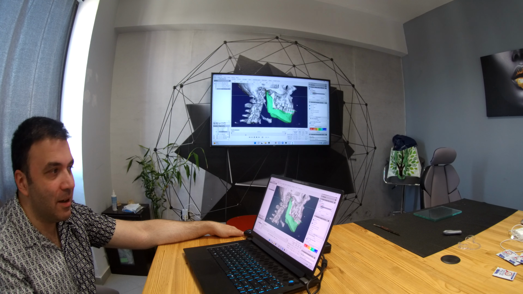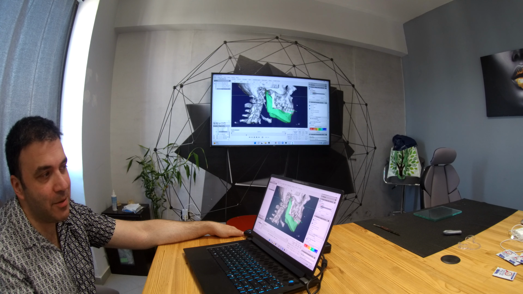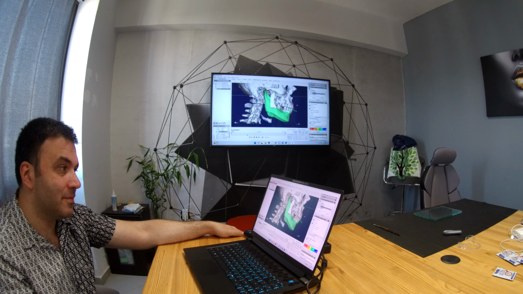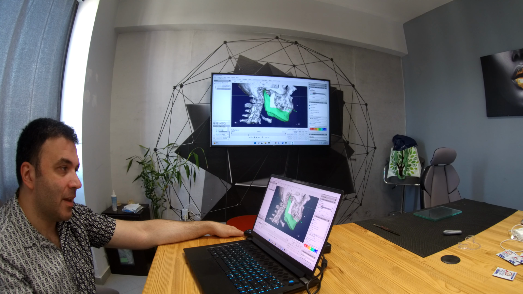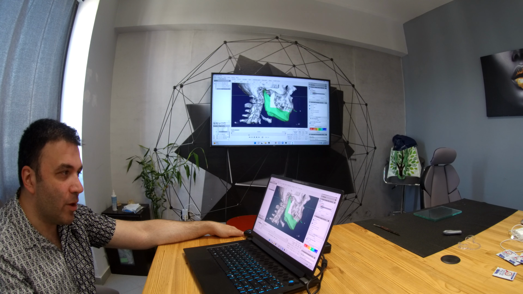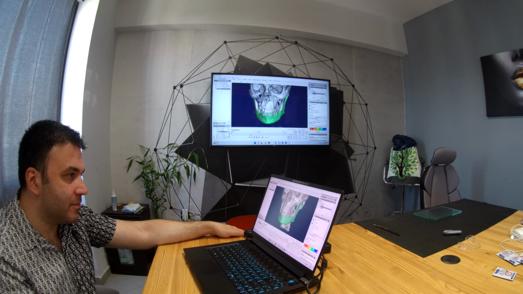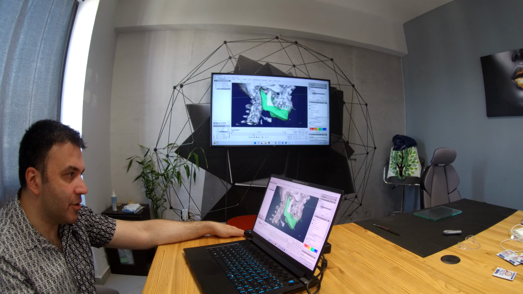Look how nicely, with this nice CBCT, we can see how the condyle moves. And let's see why we see this crazy protrusion. I didn't like this joint, yes?